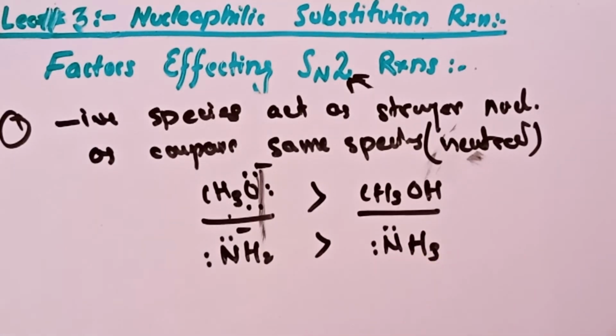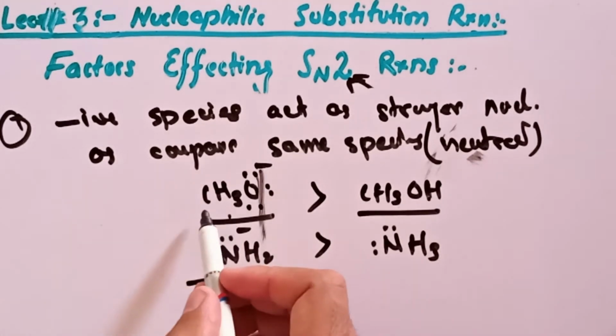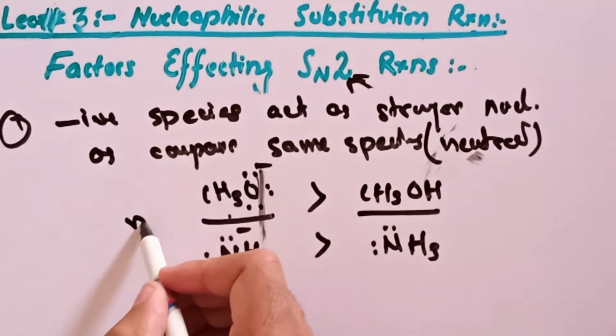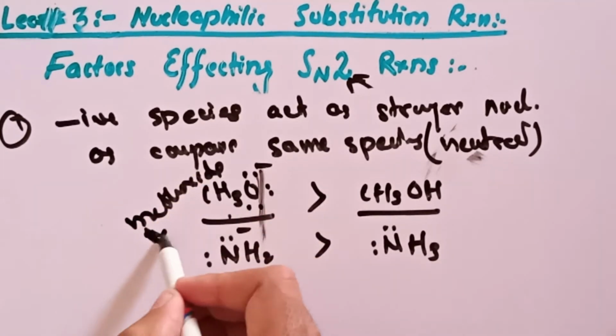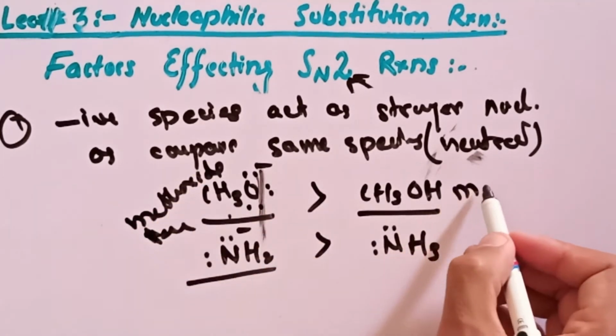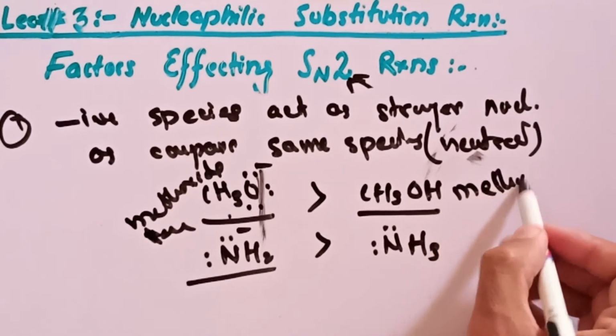All negative species will act as stronger nucleophiles as compared to the same species when they are neutral. So in general, this is the methoxide ion, the methoxide nucleophile, while this is methyl alcohol.